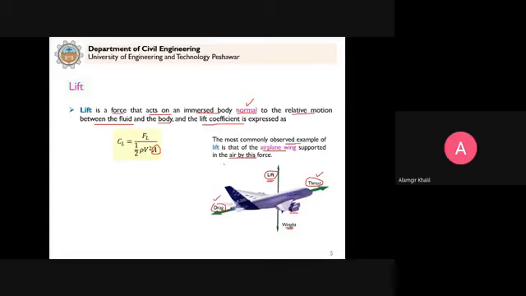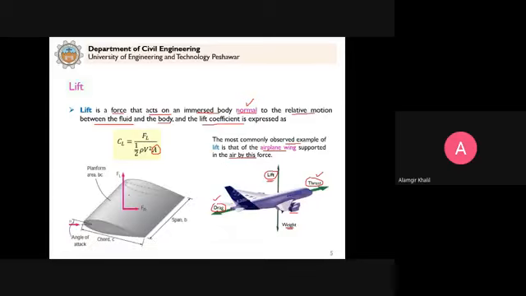Clear? So in this case, you can see that when the fluid approaches a body, and this body, which is shown here, this is the shape, it approaches with a velocity v, as we already discussed. This is known as an airfoil, a general term used to denote this, because if you cut the wing of an aeroplane, the cross section will appear like this.